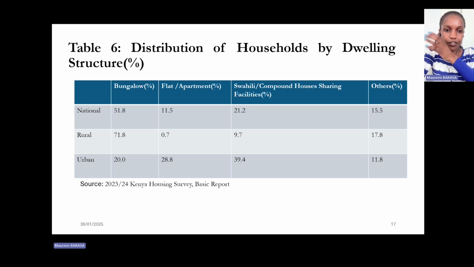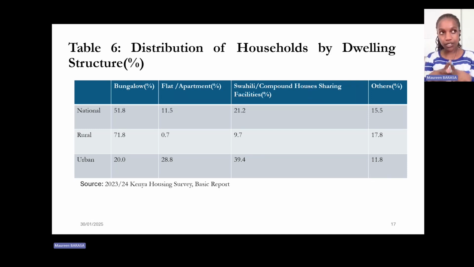Then for the flat or apartments, at the national level, it's at 11.5%, and Swahili or compound houses sharing facilities, it's at 21.2. So from this, we can see for the urban areas, the housing facilities that are more dominant are the compound houses sharing facilities and apartments.